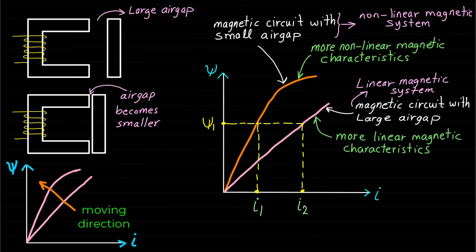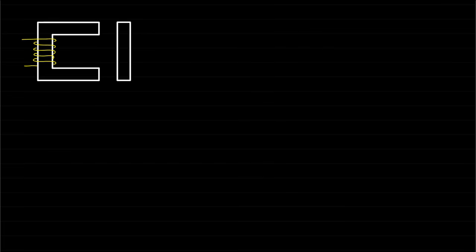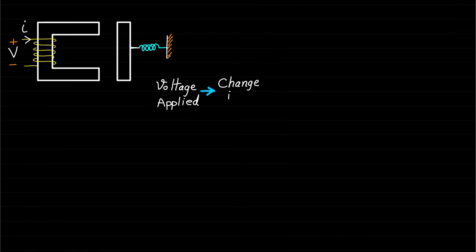Now let's get back to the relay electromechanical system shown and try to understand the principle of its operation. If the system is excited by a DC voltage V, a current I will be drawn and pass through the coil. The change of the current I will cause a change in magnetic field.